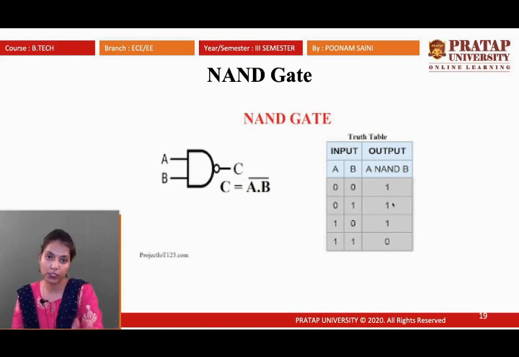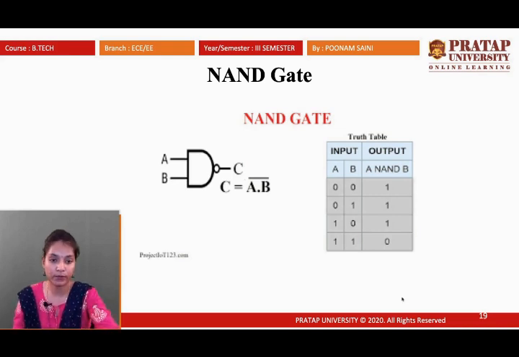So we can conclude from this truth table that the NAND gate is a logic circuit having two inputs and only one output, and the output is low when both the inputs are high.